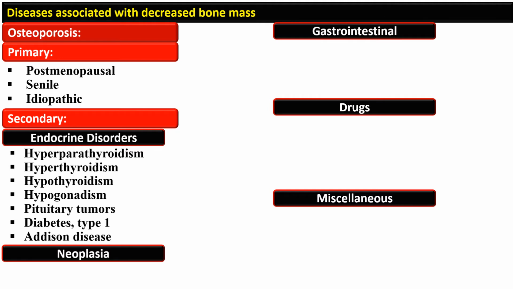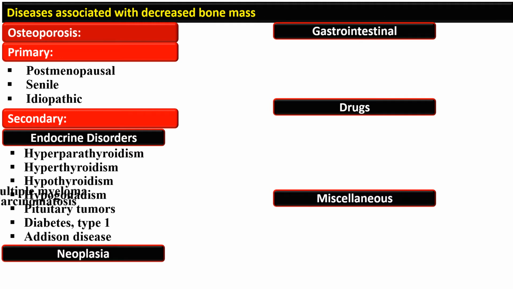In hypogonadism, in female, it is due to loss of estrogen, and in men, it is due to deficiency of anabolic androgens. Osteoporosis is frequently seen in individuals who have been receiving anti-androgenic therapy for the prostate cancers.